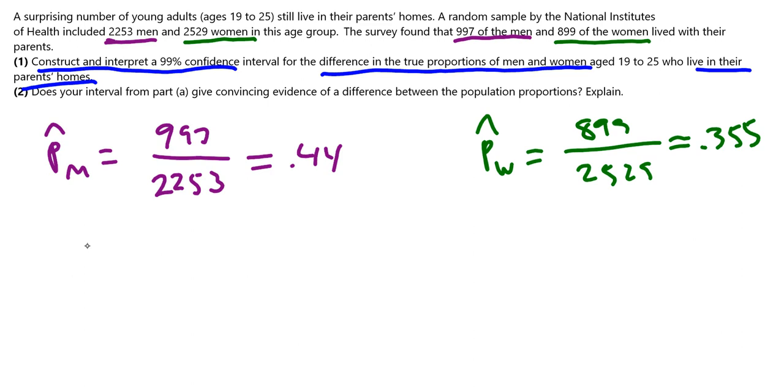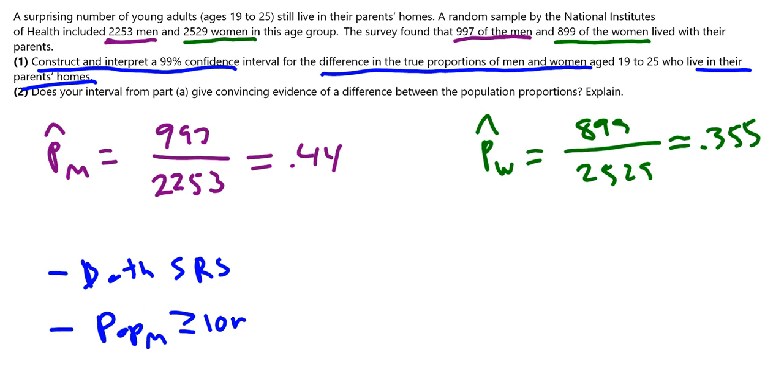So let's do that. Number one, both should have been random samples. Both are SRSs. Number two, we need to check that the population of all men is greater than or equal to 10 times the sample size in our study, and that would be 10 times 2,253, or 22,530.